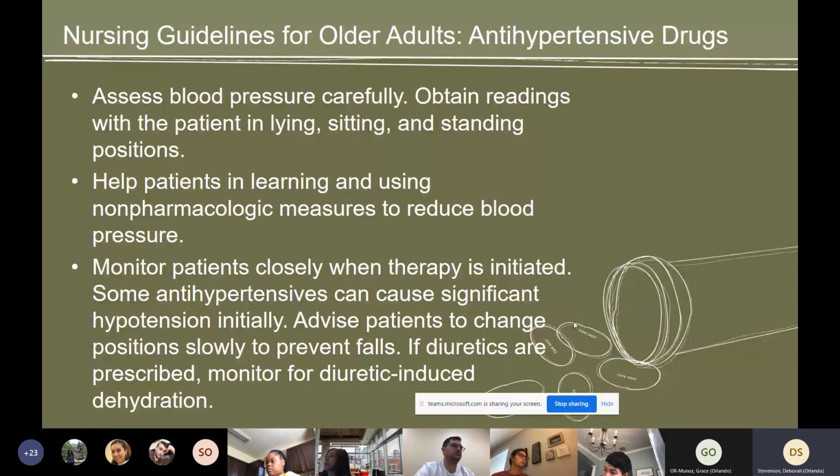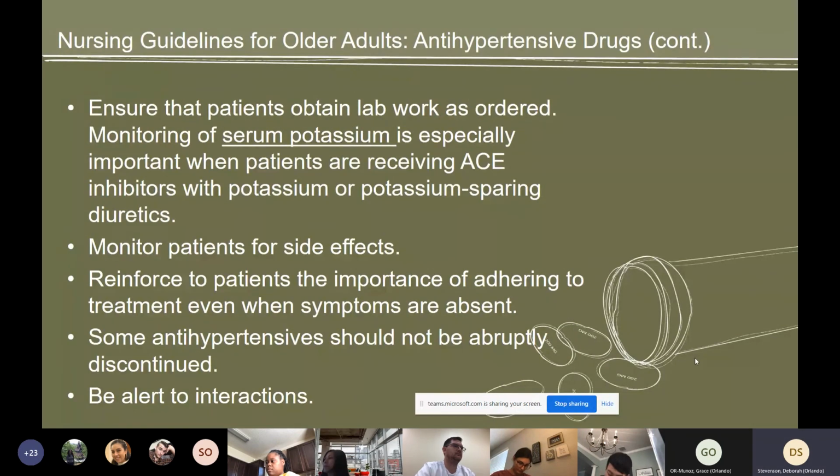And of course, if they are on a diuretic, that could cause dehydration, actually hypotension. So be sure you're looking for signs and symptoms of dehydration on these patients at all times. Here's some other guidelines for you.